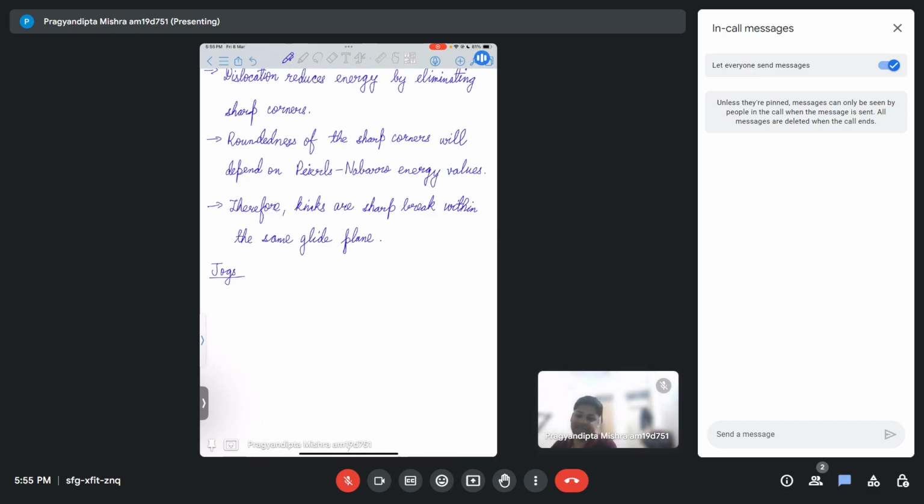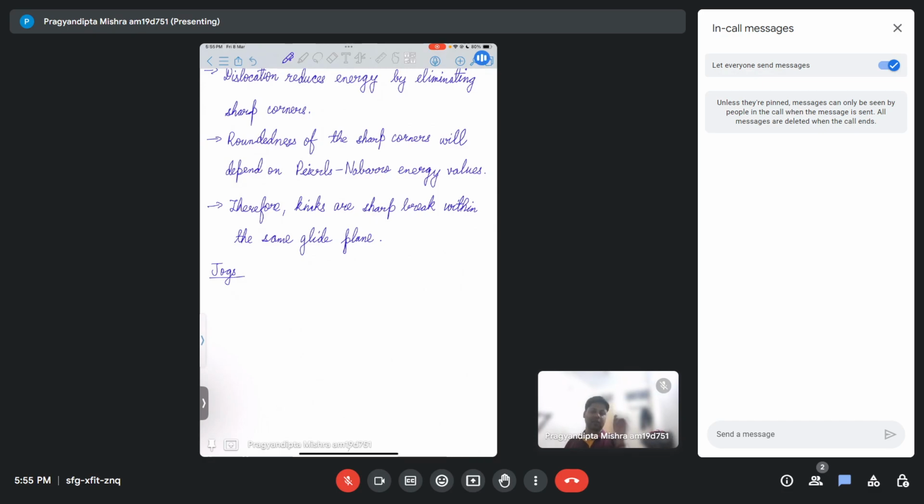So in jogs, what is happening is individual vacancies, any one vacancy or cluster of vacancies, will come together and lead to a climb. It will lead to climb in steps rather than a whole row of atoms climbing up.